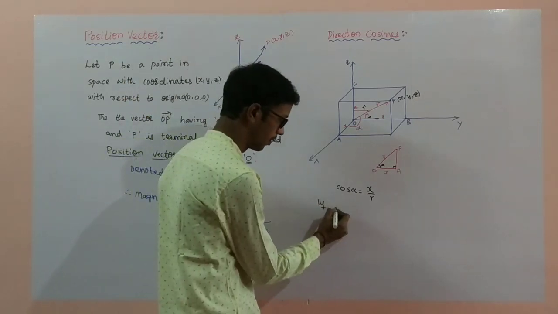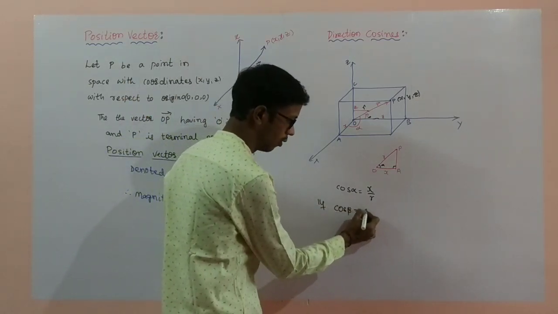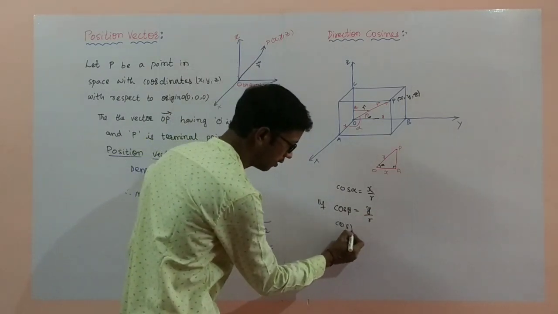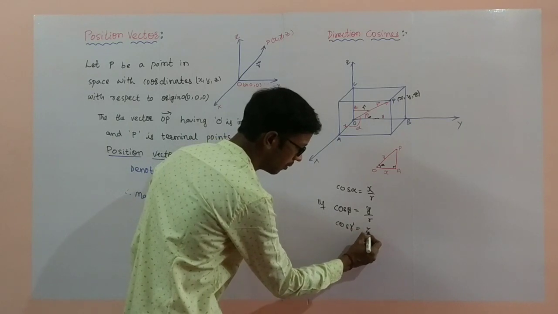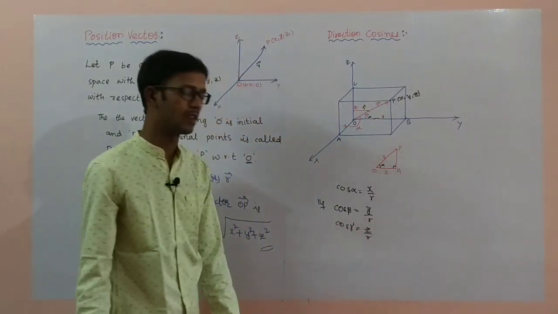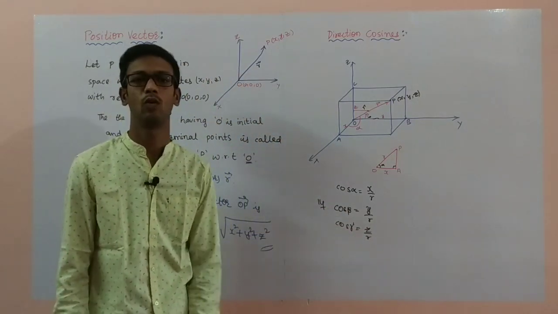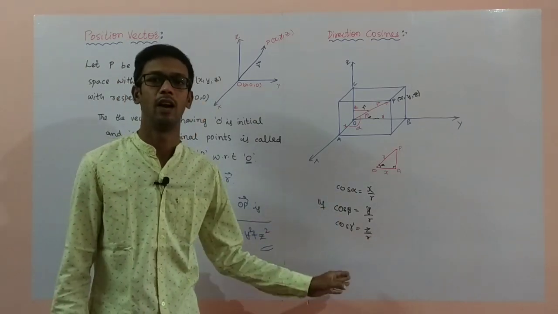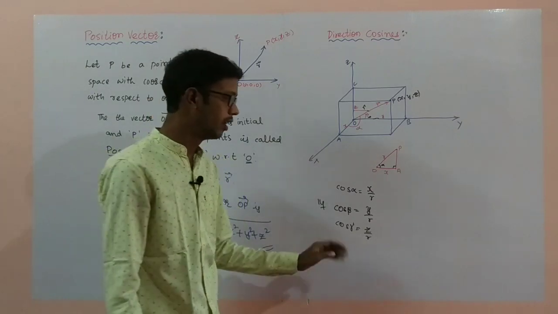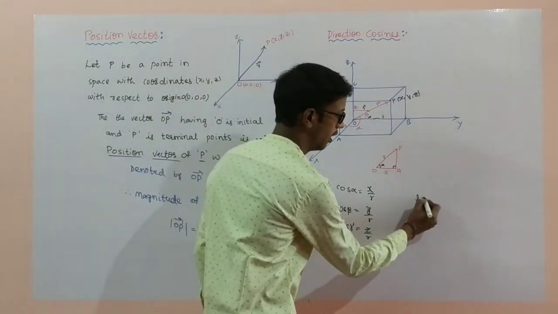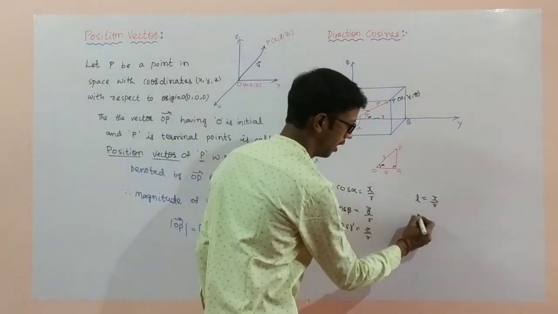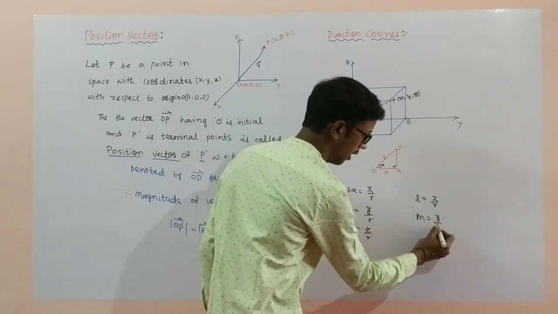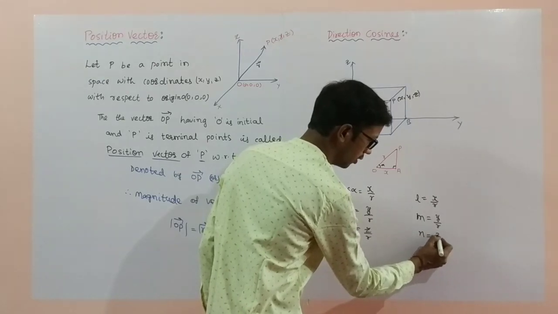Similarly, cos beta is equal to y by r, and cos gamma is equal to z by r. Cos alpha, cos beta, cos gamma are called direction cosines. These are denoted as L is equal to x by r, M is equal to y by r, N is equal to z by r.